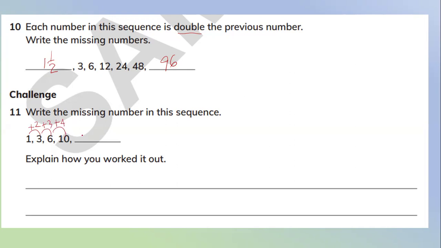So next time we have to add 5. 10 plus 5 is 15. We have to add one more each time. The missing number is 15.